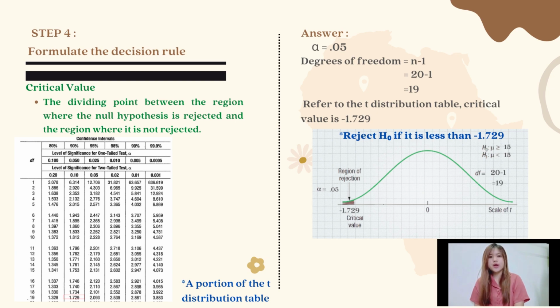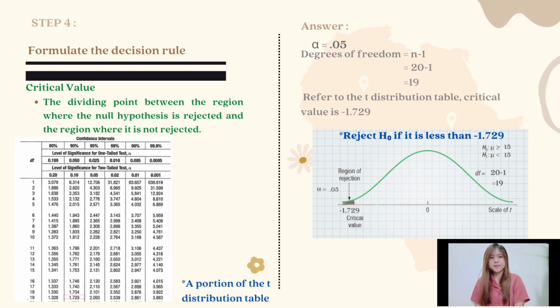The area where the null hypothesis is not rejected is to the right of negative 1.729, while the area where the null hypothesis is rejected is to the left of negative 1.729. Therefore, reject the null hypothesis if t is less than negative 1.729.